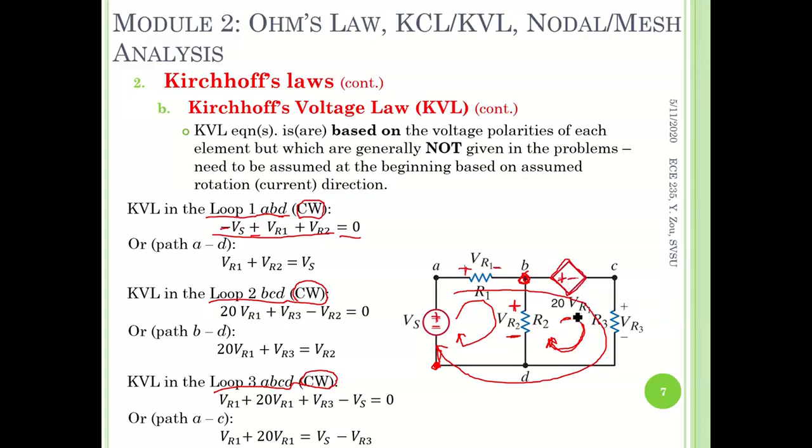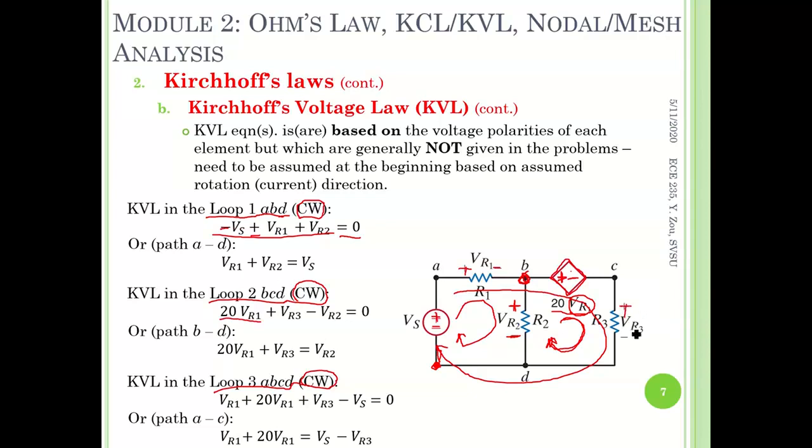The voltage value depends on another voltage. Therefore, this is a voltage dependent voltage source. The voltage across it is equal to 20 times VR1. According to the polarity, we come across positive first, followed by negative, so it is positive 20 VR1.